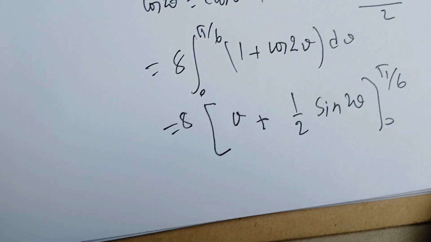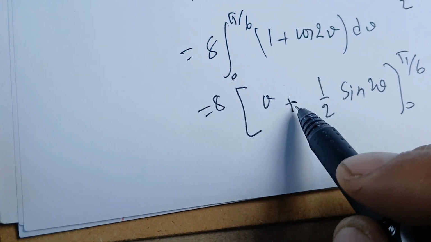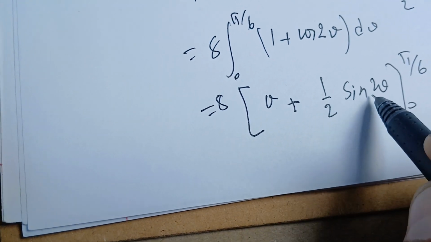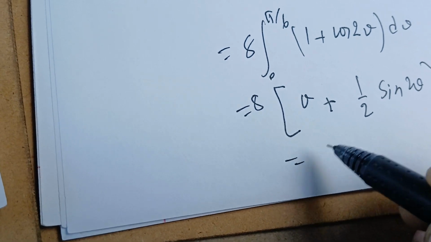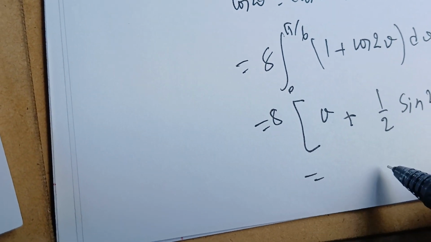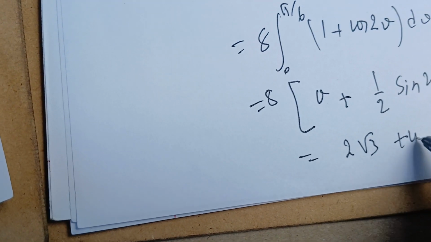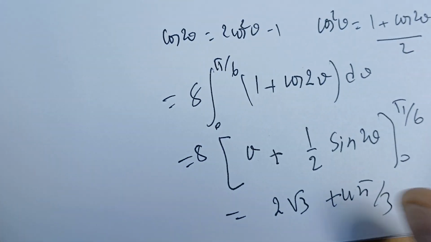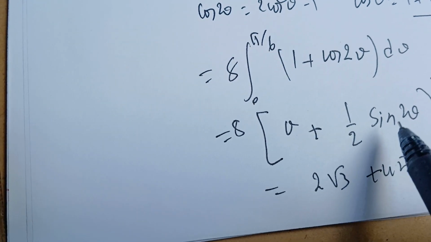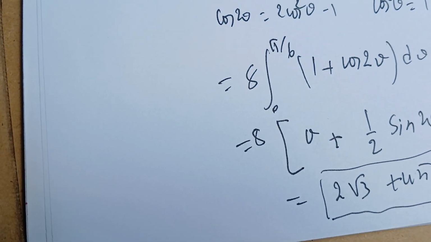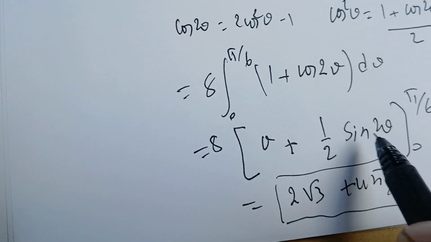Here we have pi over 6 plus 1/2 sine of pi over 3. So basically we have 2 square root of 3 plus 4 pi over 3. After you evaluate this integral, that's what we get for the first integral. So this is our first integral.